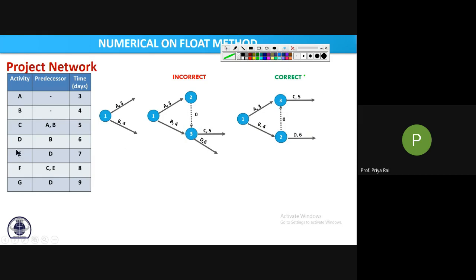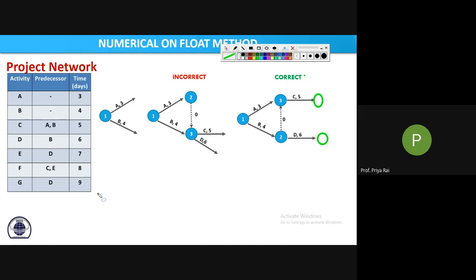Now see, your E activity's predecessor is D. That means when D ends, then E starts. So from where will we draw the E activity? See, D will end here. C will end somewhere here.